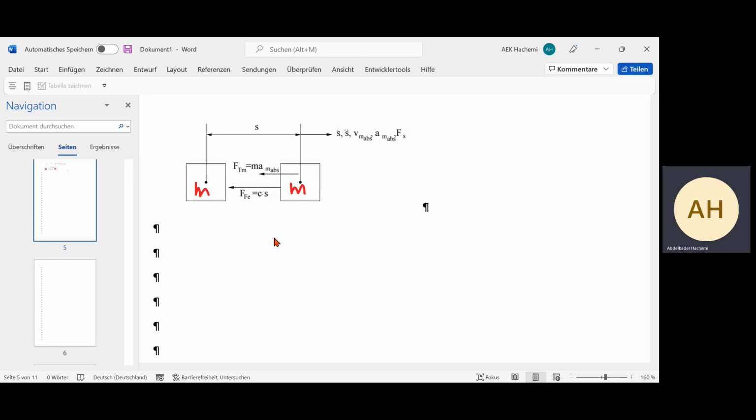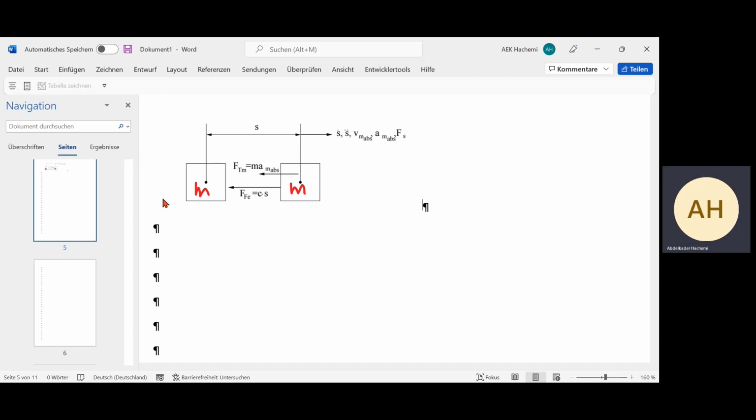The mass m moves to this position with the position S, which has also the velocity S dot and the acceleration S dot dot. We also have the velocity V, which corresponds to the absolute velocity.